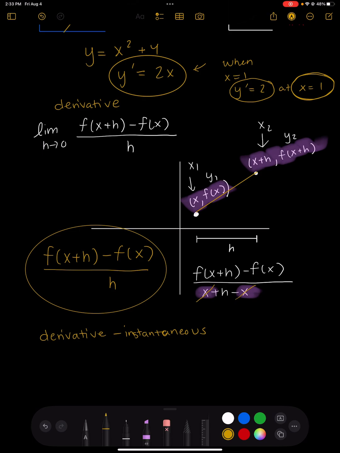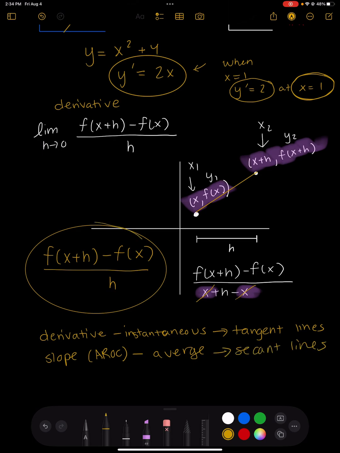So that's where it differs from average rate of change, and derivatives always model tangent lines because it's at that exact point. Now we have slope, or average rate of change, which models average, and it's represented by a secant line.